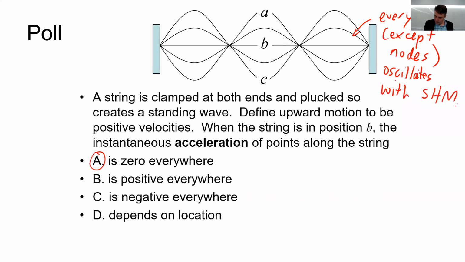Remember that in simple harmonic motion, when you pass through equilibrium is when you have zero acceleration. It's when you're at your fastest velocity, so the velocity is at maximum, and the acceleration is momentarily zero at that point. Okay. So A equals 0 at equilibrium.